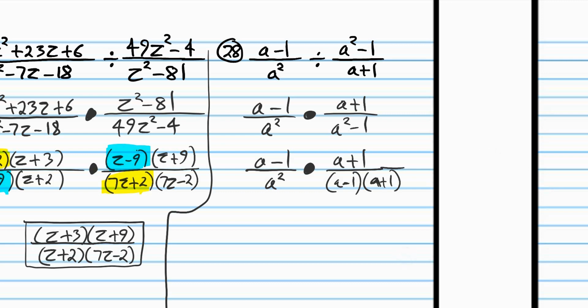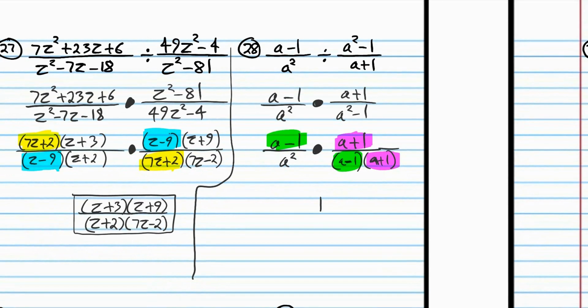Now we can cancel out. And we're left with nothing on the top, so we just write 1 on the top and a squared on the bottom. So if you got that answer, good job.